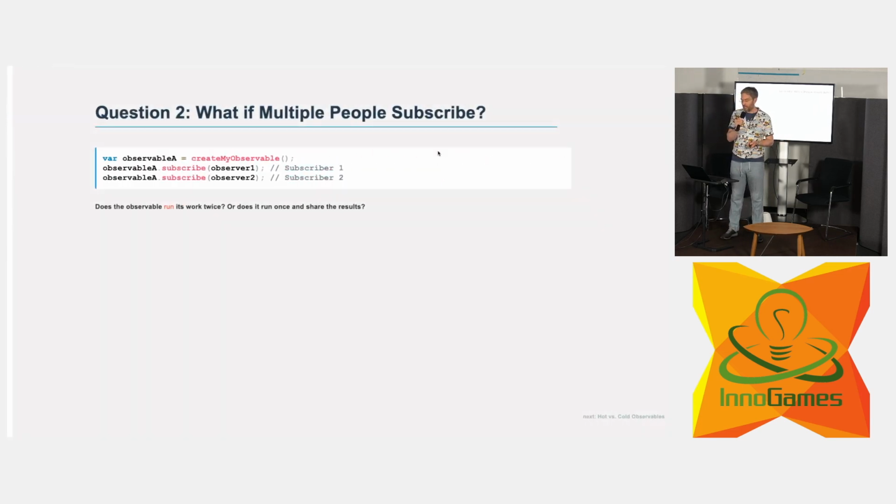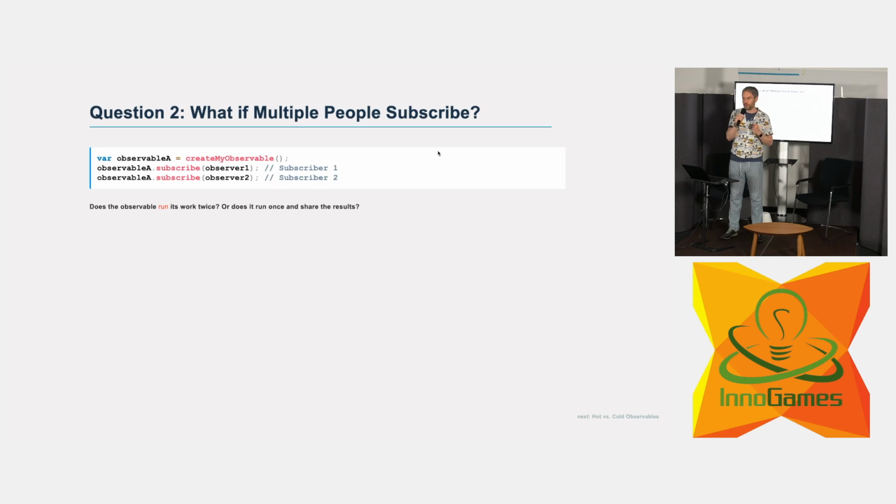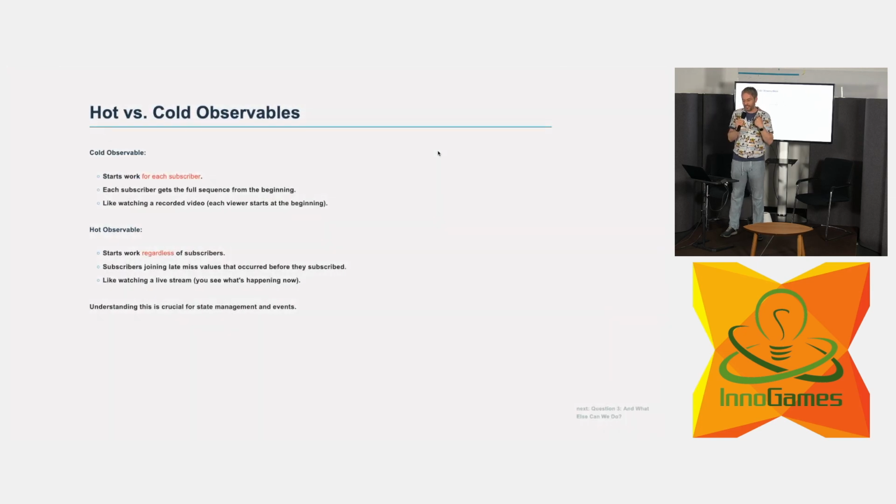The next question you probably have in your mind is, what if multiple people subscribe to one source? Because now they can, and they will. If we think about it, what happens with the data that you are getting here? Basically, the question is, will the source start with a history of all the data for each subscriber, or will you just connect to the live values that you're getting? The literature defines this as hot versus cold observables.